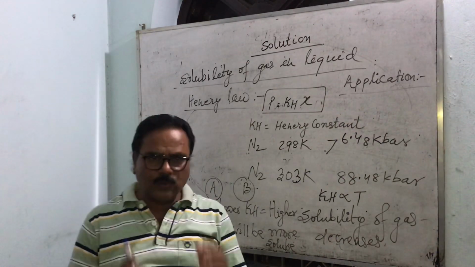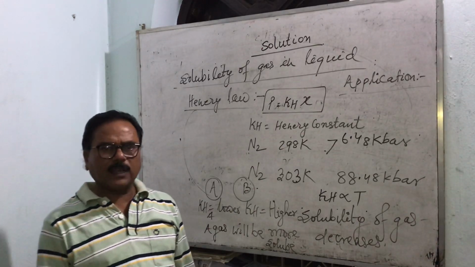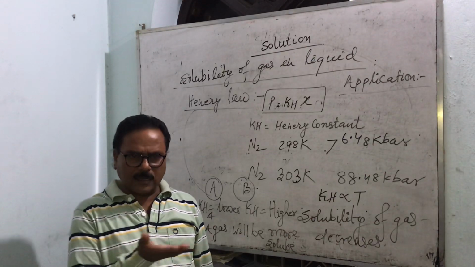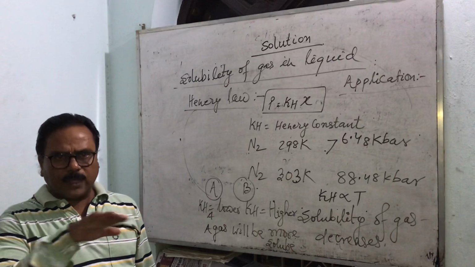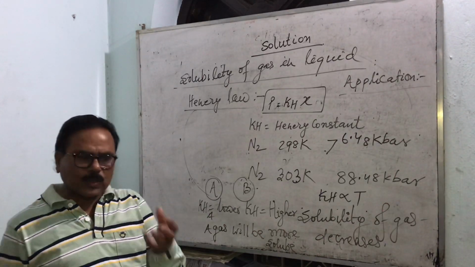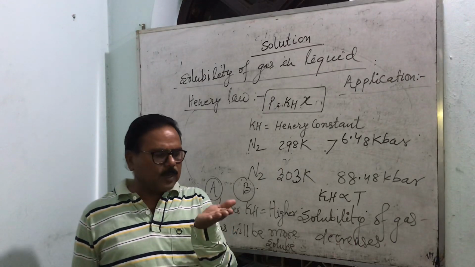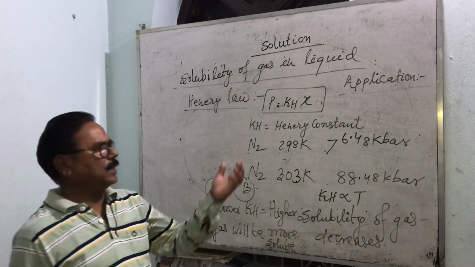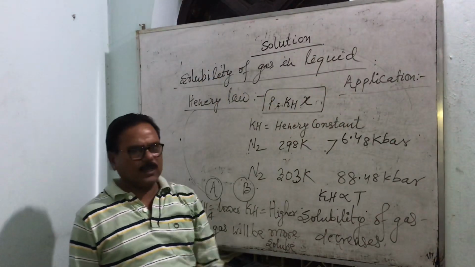In order to reduce the painful effect on the scuba diver when the diver comes to the surface of the sea, where the pressure decreases. The dissolved gases, that is nitrogen, tend to come out, putting pressure on the blood vessels and causing bending of the bones. So these are the applications of Henry law.